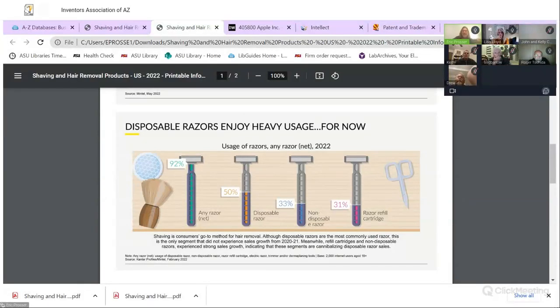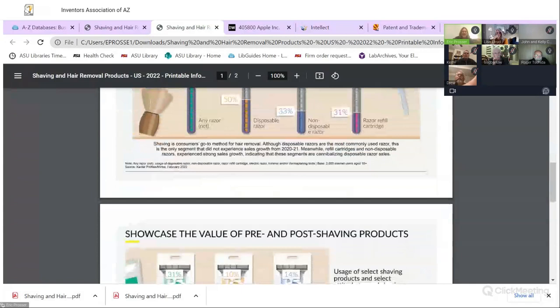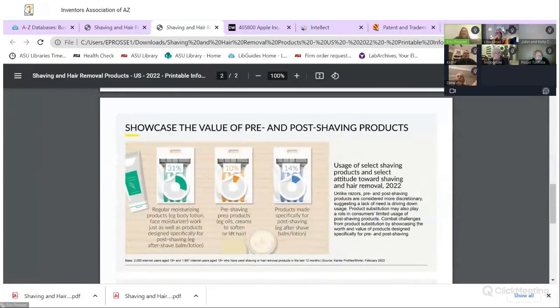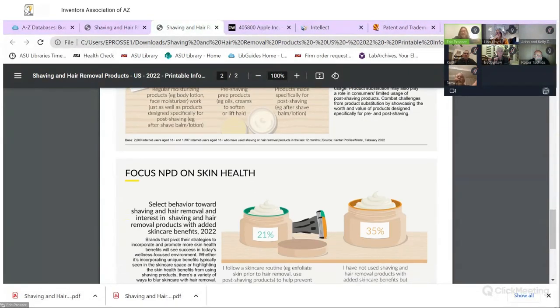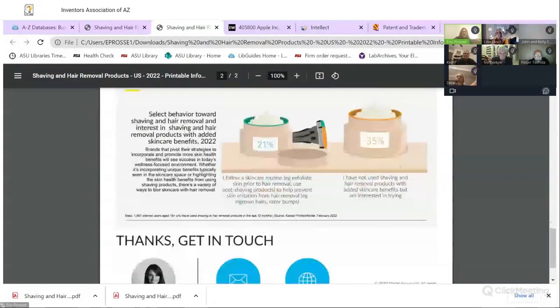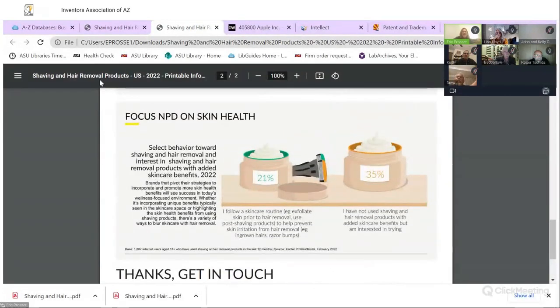Just not your standard bar chart. They put a lot of effort into it, and, hey, we've got a razor chart as opposed to a bar chart, and things like that. And then you can grab these pages as you need, turn them into slides, and incorporate them into your pitch. They're just kind of fun to use.